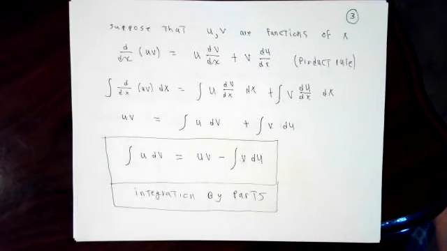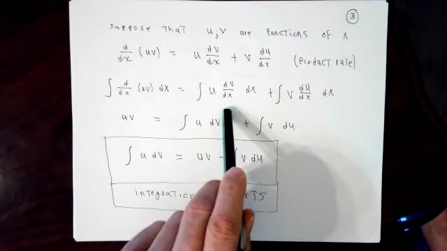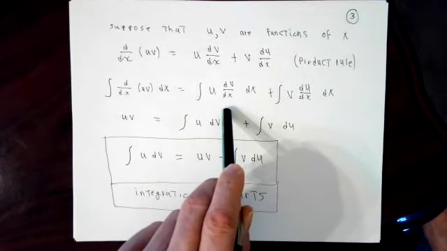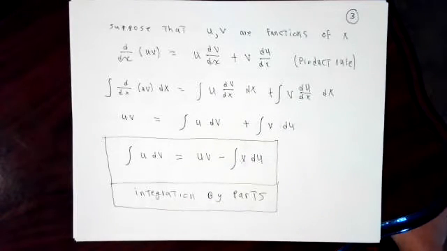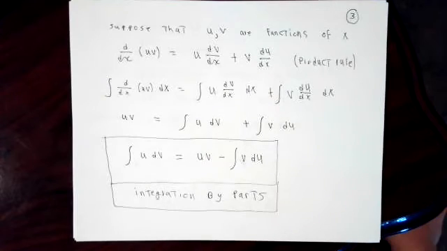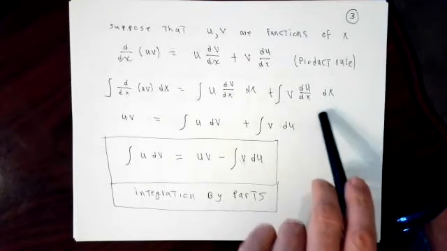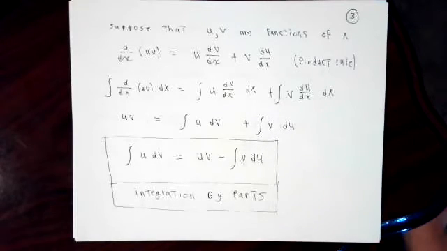And well, u times v equals the integral of u times dv dx with respect to x, and we're going to pretend that the derivatives are fractions. So cancel the dx's out, and all that's left is the integral of u with respect to v. Then do the same here, and you'll have the integral of v with respect to u.